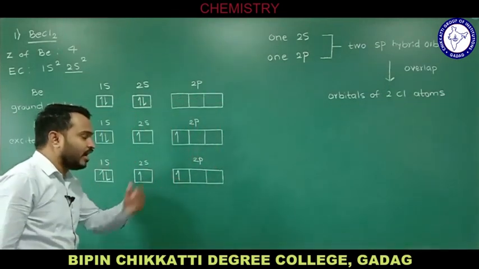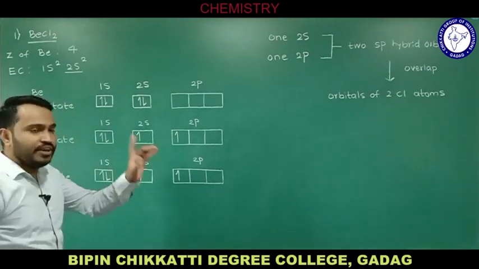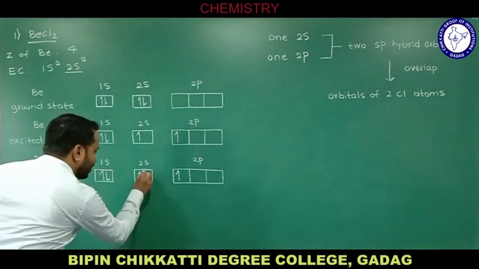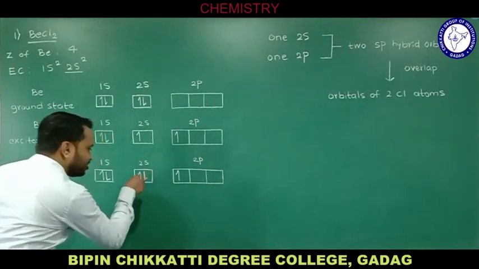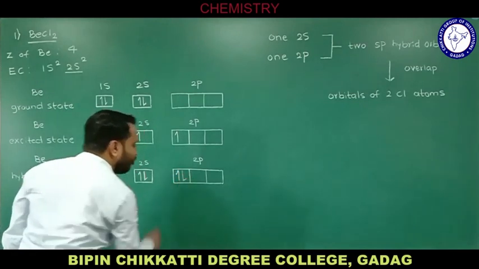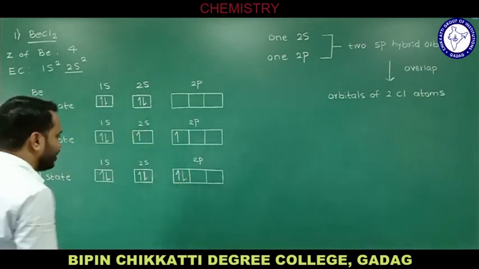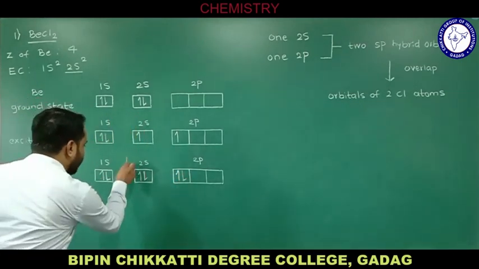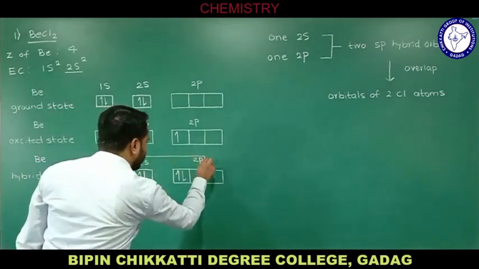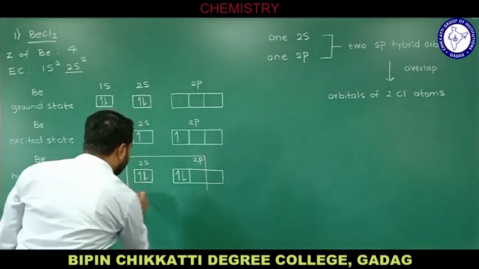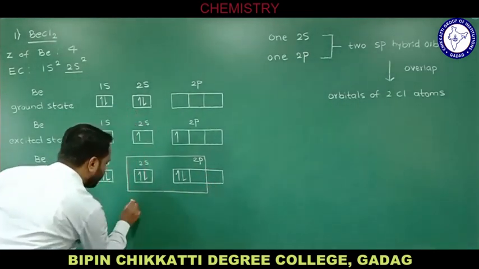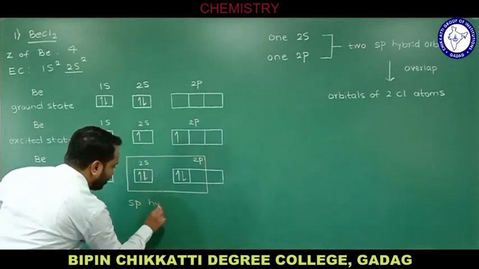In Cl we have one valence electron, we know, and one Cl is going to overlap, sharing a pair of electrons here, and this one electron will be from one more Cl. This is how hybridization takes place, and this is how I can show the region of hybridization. And what kind of hybridization is this? This is sp hybridization.